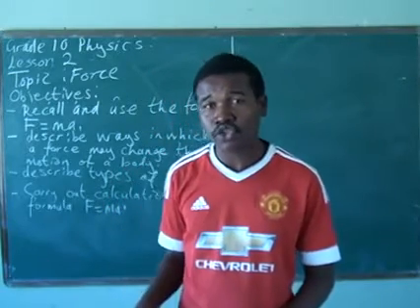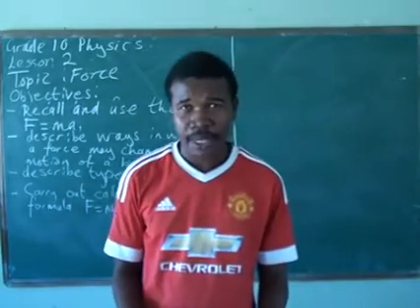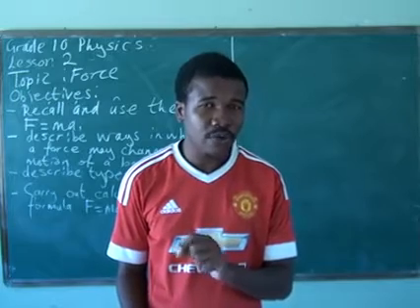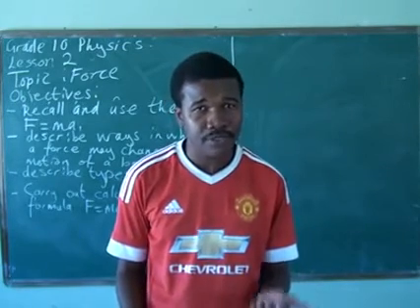Before I talk about what we're mainly going to do in this second lesson, I would just like us to recall that in our first lesson we looked at force, but specifically at Hooke's law. Do you guys remember?